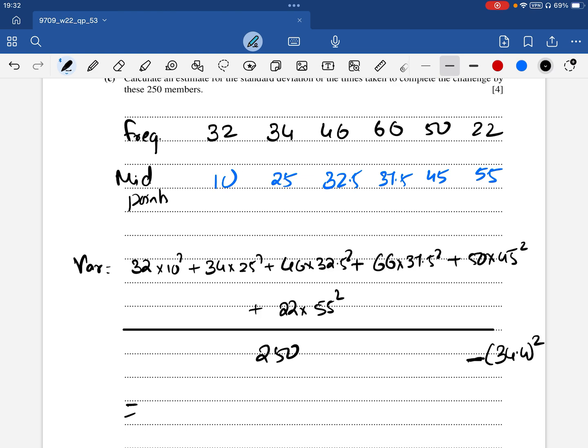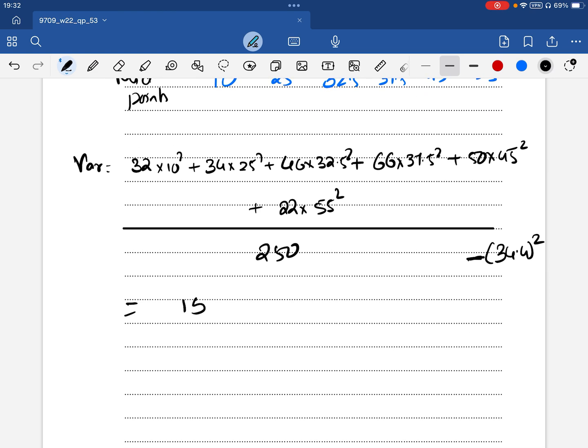That's going to give me 151.24. So the standard deviation is going to be the square root of 151.24, which is 12.3. That's going to be the answer for question number 3.